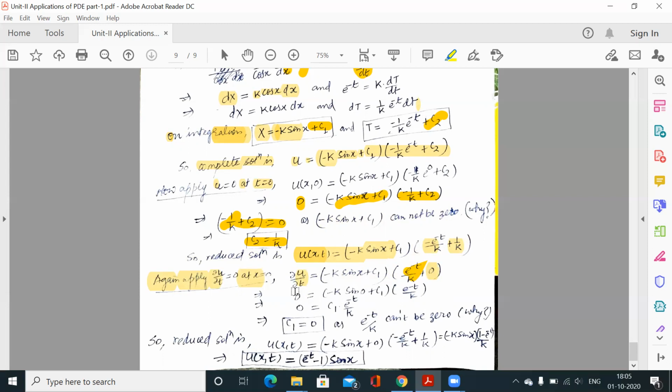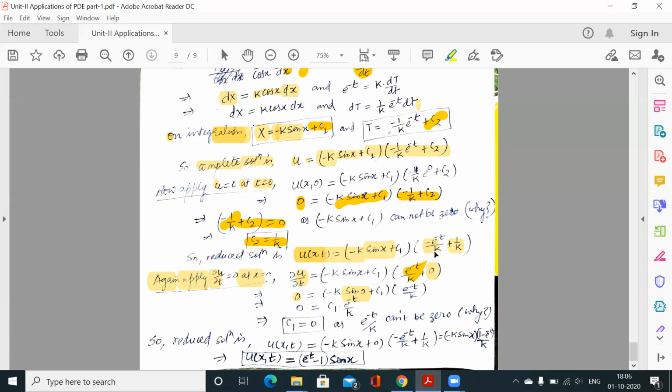So what is left? And this del u over del t is 0 when x is 0. So now applying x is 0, so sin 0. And on the left hand side, del u over del t is 0 at x equal to 0. So again, we are getting either this factor 0 or this factor 0. So if e to the power minus t over k is 0, then again the reduced solution was this.